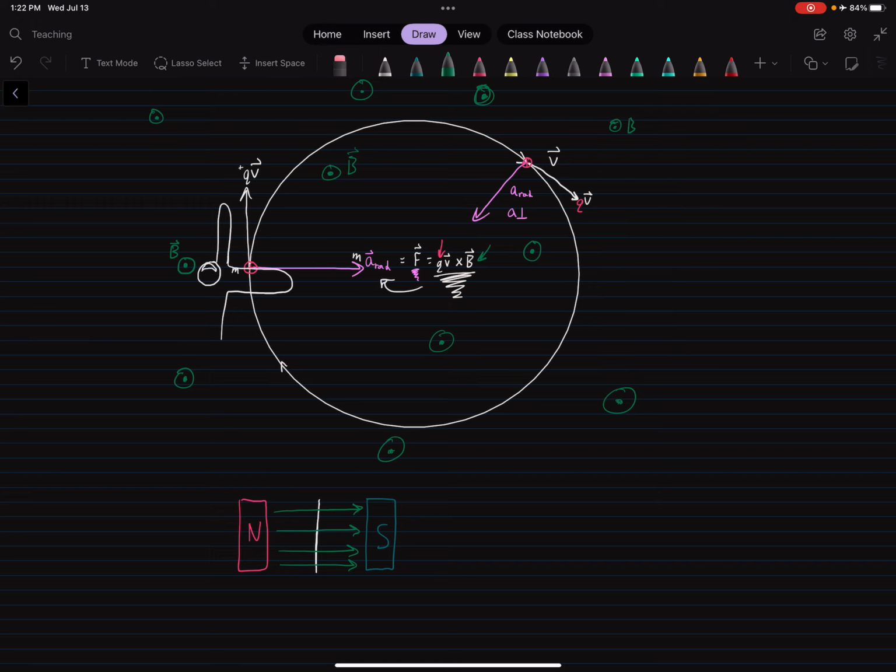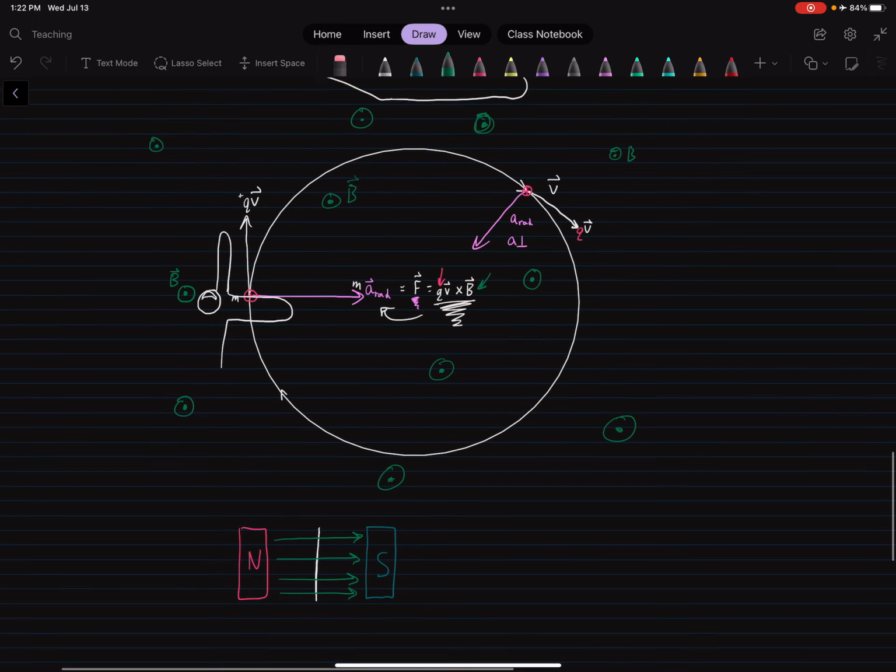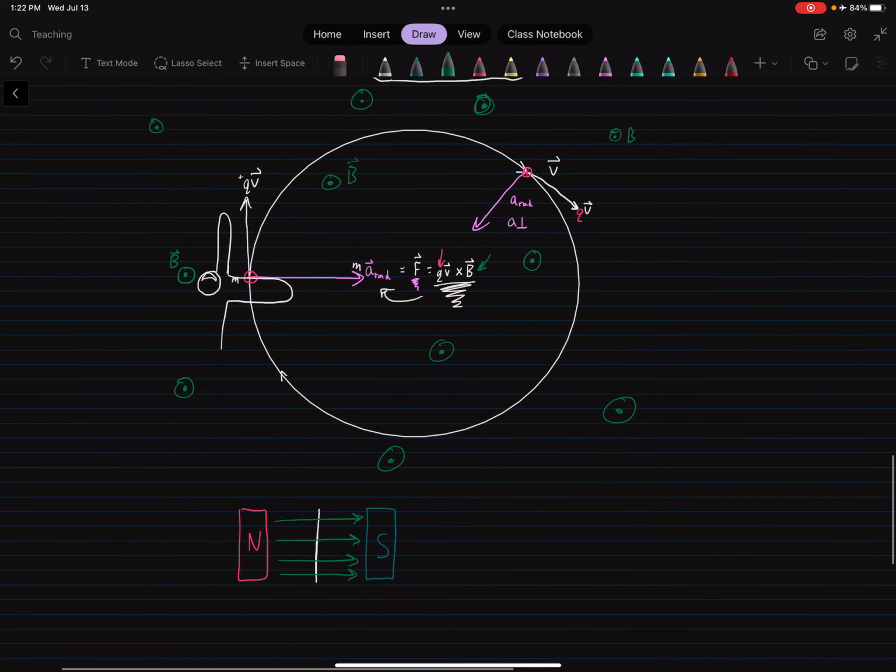Yes, there is net flux here, but it's not net flux through a closed surface that encloses this whole thing. We're not talking about a Gaussian surface that encloses this whole thing. It's just net flux through a thing.